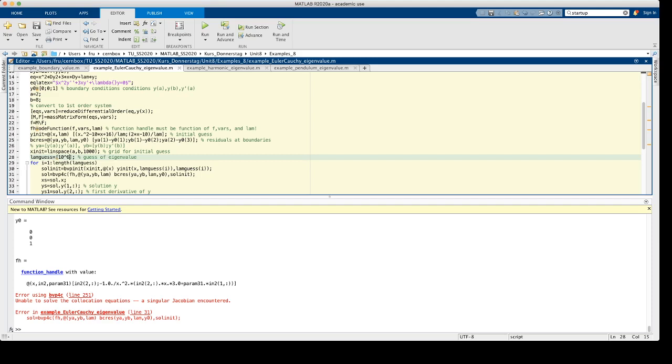So in this case, it's not able to continue the computation and aborts with an error message. So you see that finding valid eigenvalues and eigenfunctions is also kind of guesswork, unless you know from theoretical principles what the eigenvalues are and how the eigenfunctions should look like. Also, if we start with a guess of 100, we would expect to converge to the eigenvalue of 129 that we have found before. Let's try.